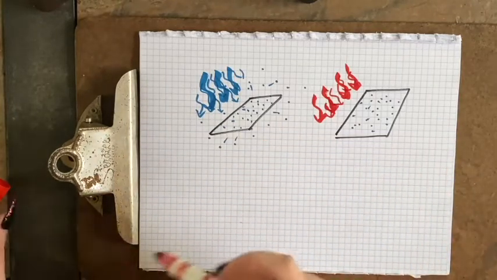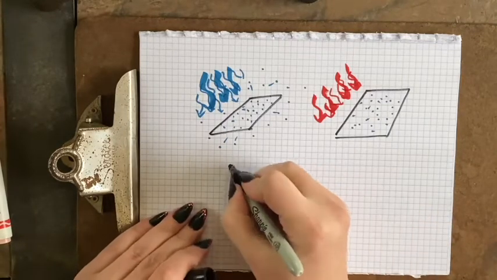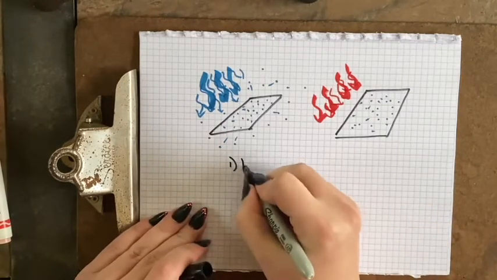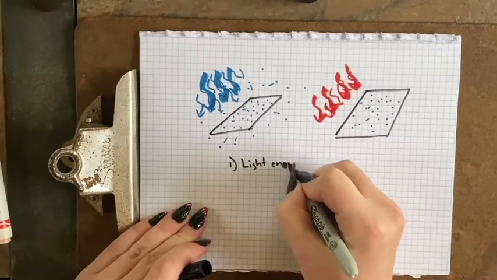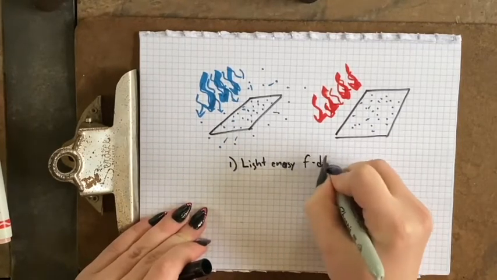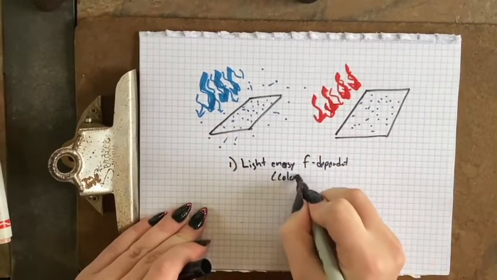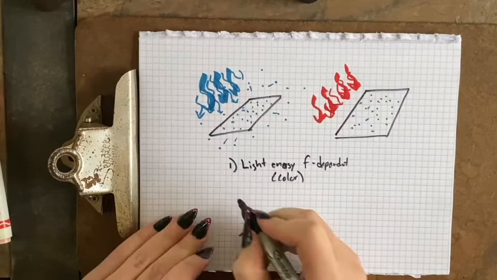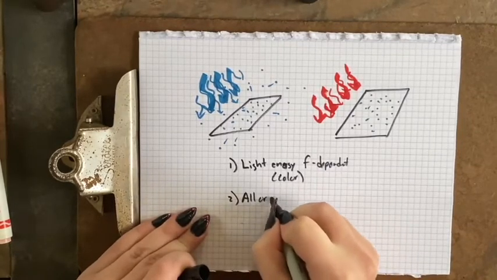So two things come out of this experiment. The light energy relates to the frequency. It depends on color. And the second thing is, whatever this process is, it's all or none.